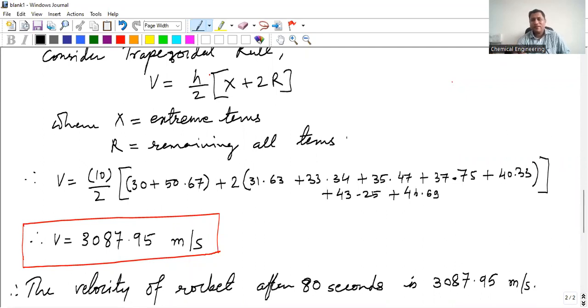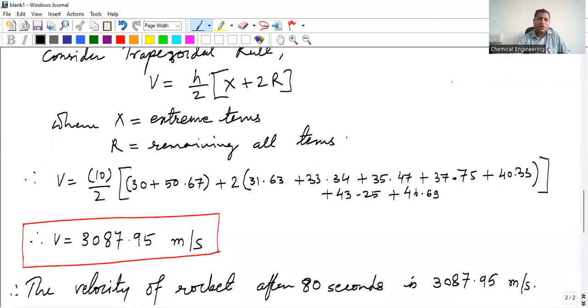If I calculate the velocity at 0, it will be 0. At 10, at 20, at 30, and so on, we can calculate. After getting the velocity after each 10 seconds, if we integrate again, we are able to get the distance covered by this rocket in 80 seconds.